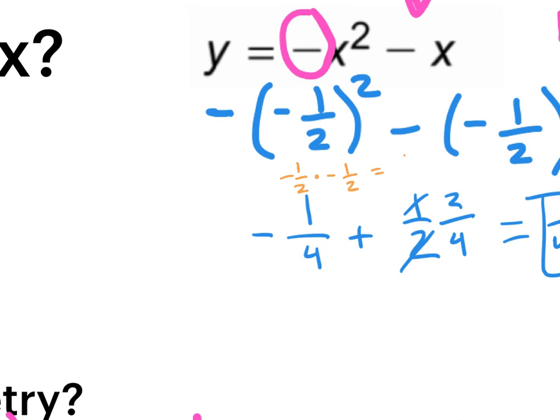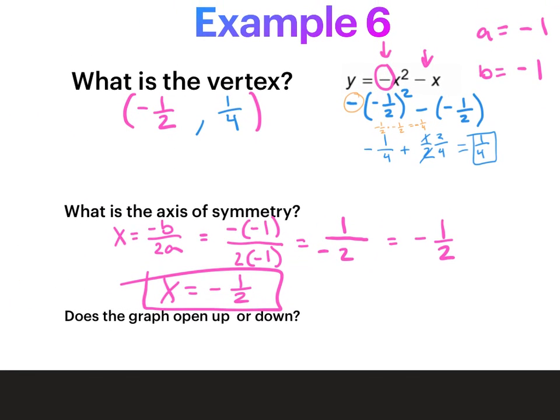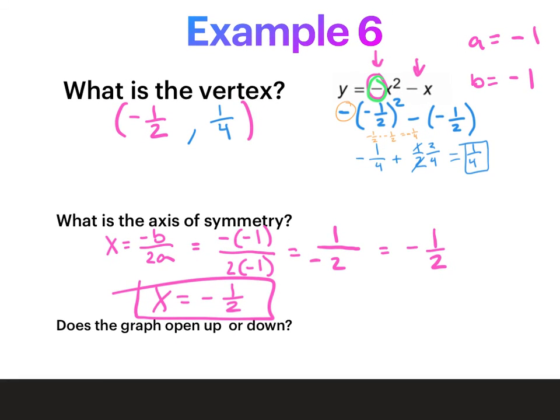So this becomes +1/4, but then we still have that negative outside, so that's where that negative came from. Really good question. So again, just make sure you're careful with your signs. All right, Gilbert, does it go up or down? Awesome. This negative a tells us that we open down.